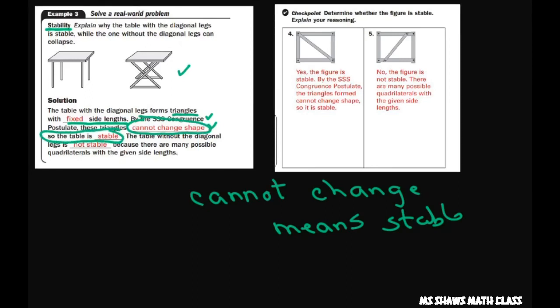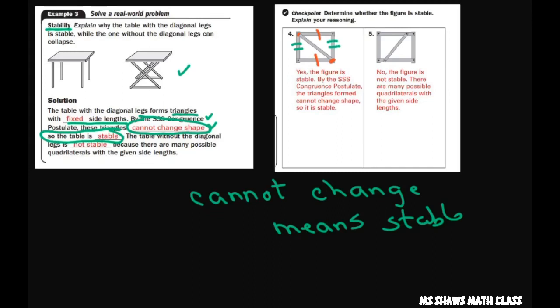The table without the diagonal legs is not stable because there's many possible quadrilaterals with the given side lengths. And the same thing with this one. We have congruent sides here. So these triangles are congruent.